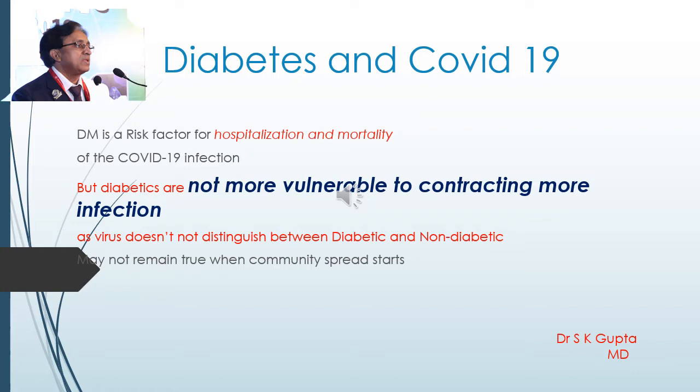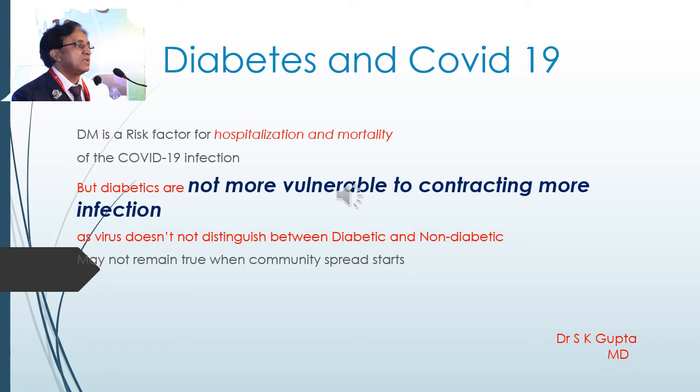And if a diabetic can save himself from the people who are infected with coronavirus, coronavirus is not going to come to him finding that he is a diabetic and infect him. Is it not surprising? Because corona cannot distinguish whether a person is diabetic or non diabetic.